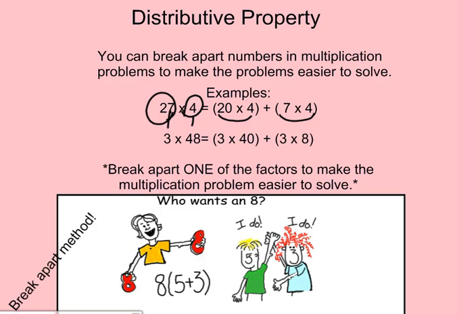On this one, instead of multiplying it by 48, you can take 3 times 40, and you can take 3 times 8, and get the same answer. It's called the distributive property. Okay? It means you're breaking apart one of the factors to make the multiplication problem easier to understand.